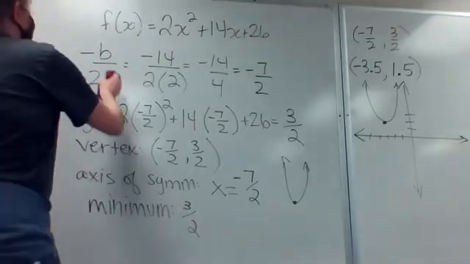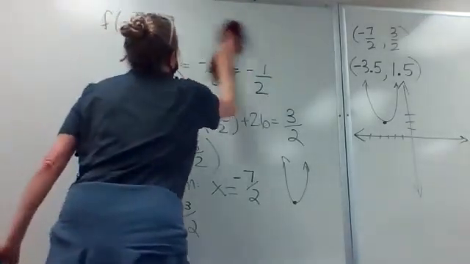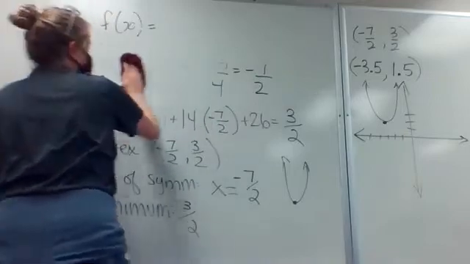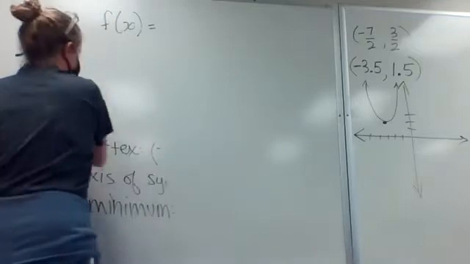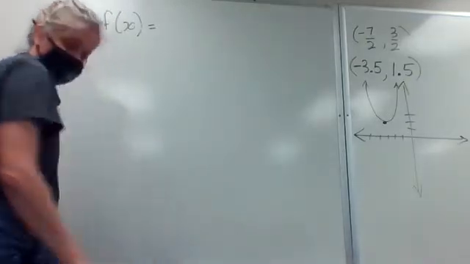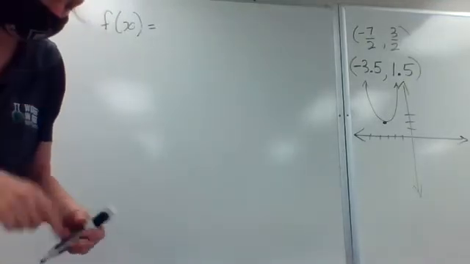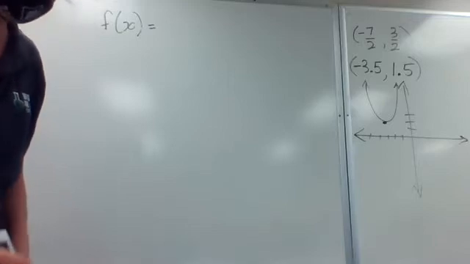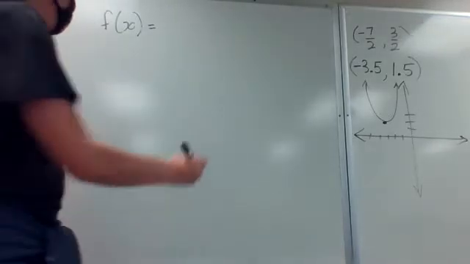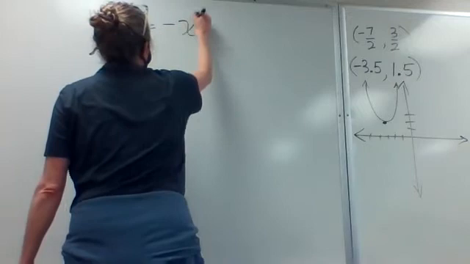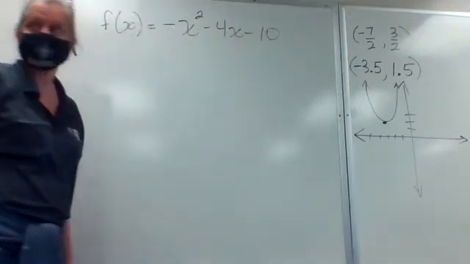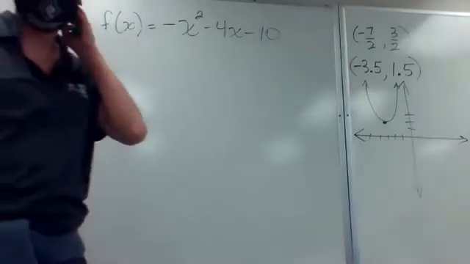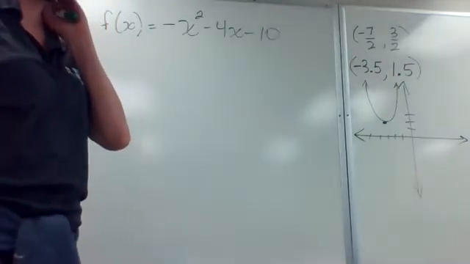Number 4. f of x equals -x² minus 4x minus 10. Okay, so we'll find the vertex again.